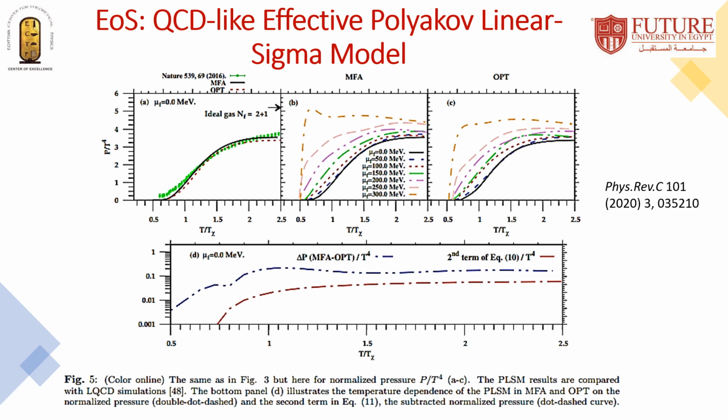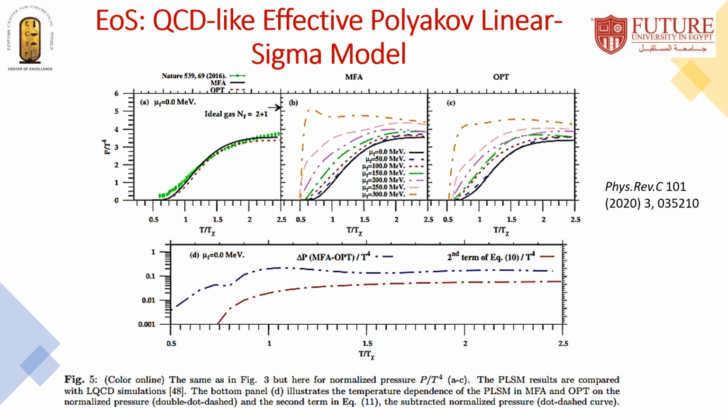From the other side, from the QCD-like model, we can do the same. You can see here the pressure as a function of temperature at vanishing density, and even at finite density, we can go to higher density values, even similar to the ones typical for the CBM experiment.